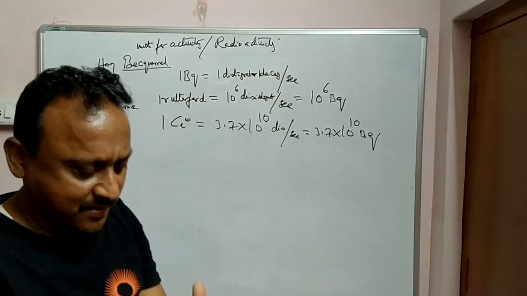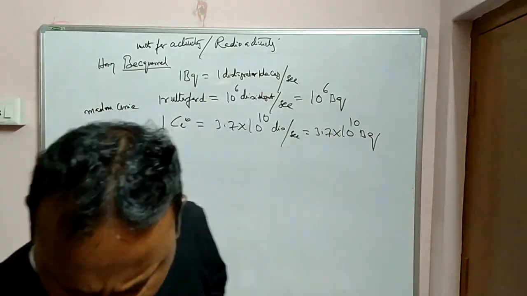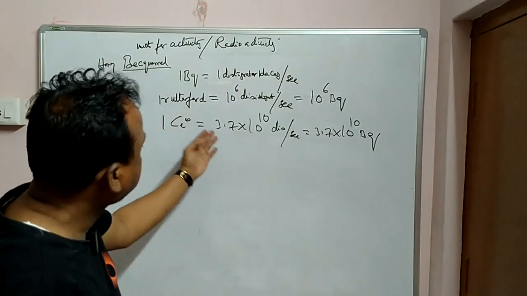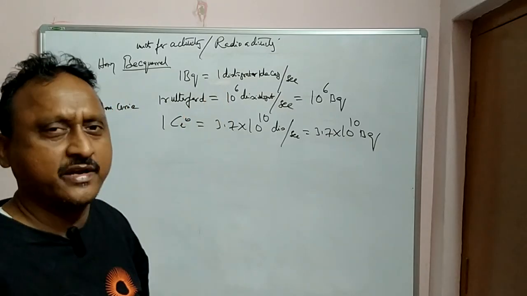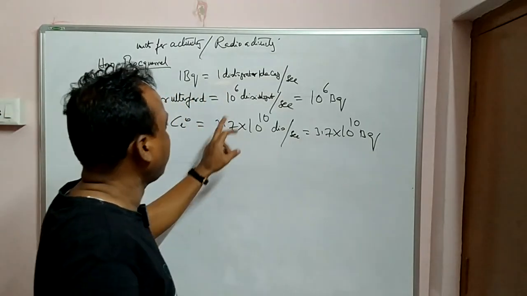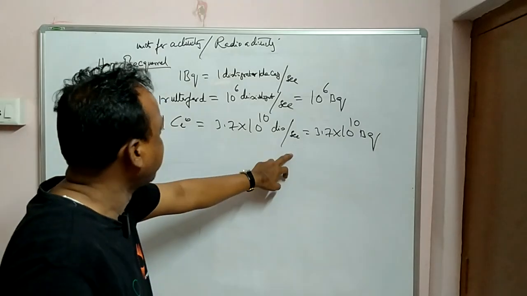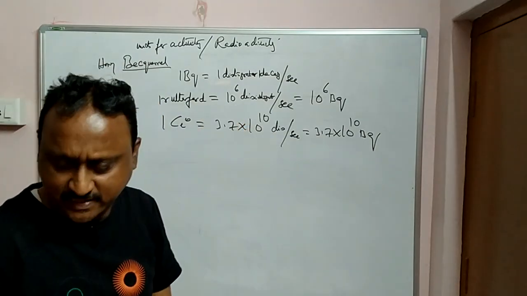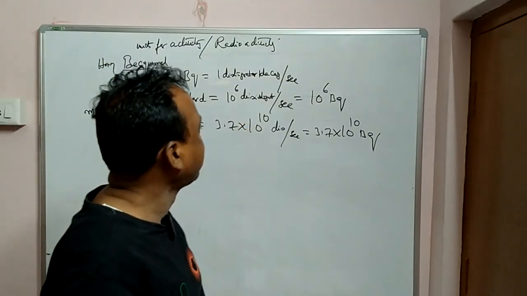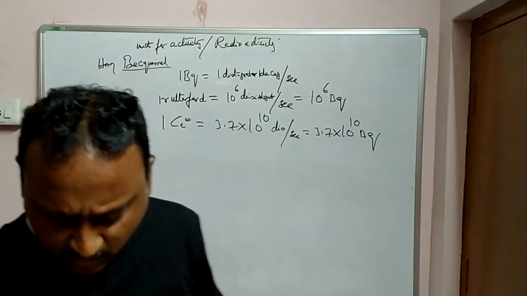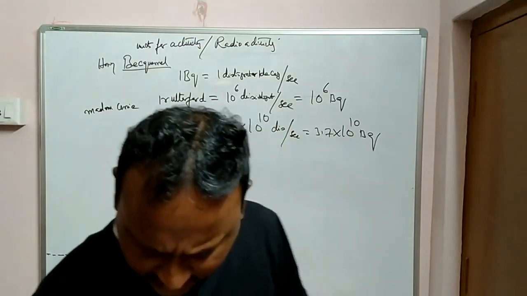So these units may come in the examination. Please make a note of that. So 1 Curie is equal to 3.7 into 10 power 10 becquerels or 3.7 into 10 power 10 disintegrations per second. And 1 Rutherford is 10 power 6 disintegrations per second or 10 power 6 becquerels, and 1 becquerel is equal to 1 decay per second or disintegration per second.